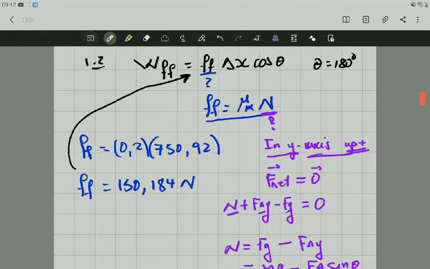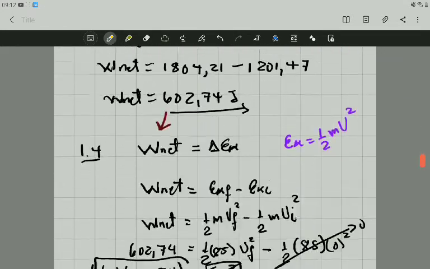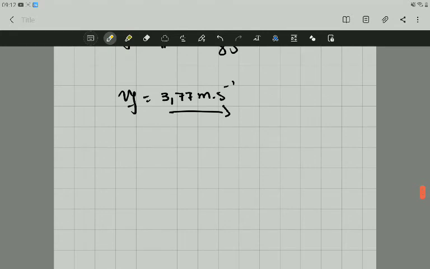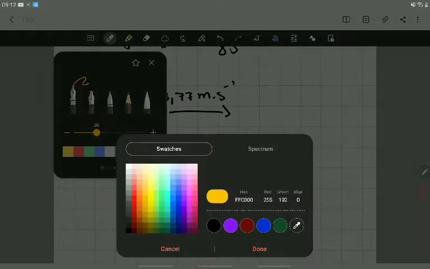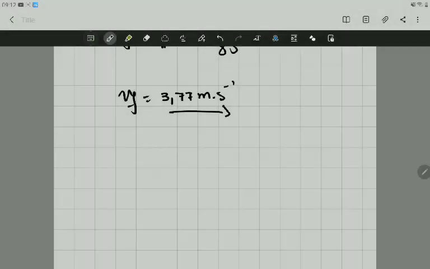Okay, so let's go back to question 1.5. They say use Newton's second law. Remember Newton's second law. Now here we're going to work in the x-axis. We're going to select that direction as positive.